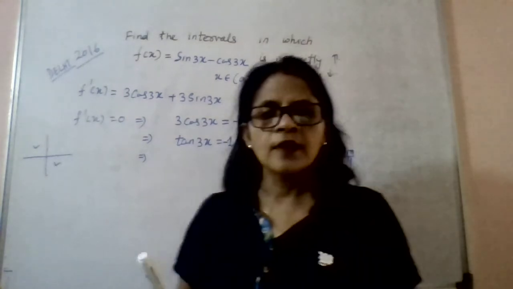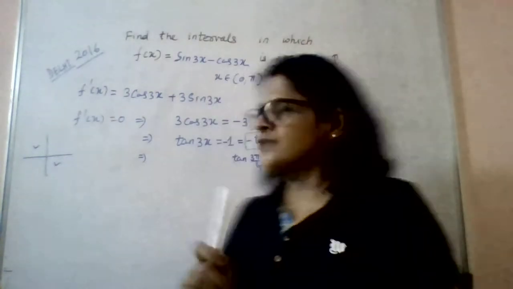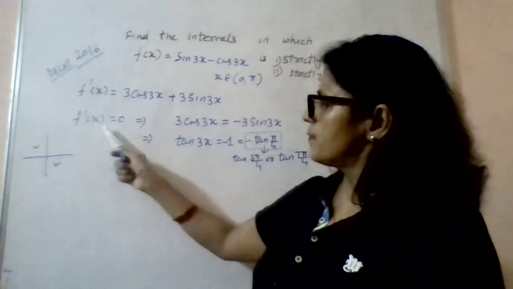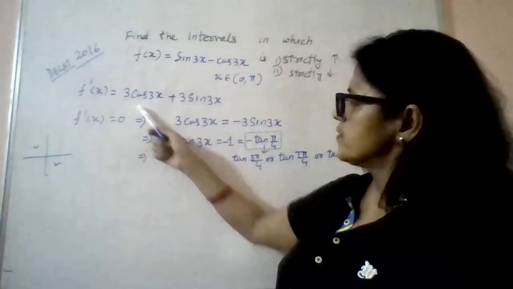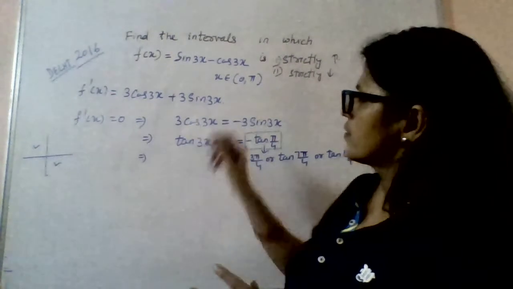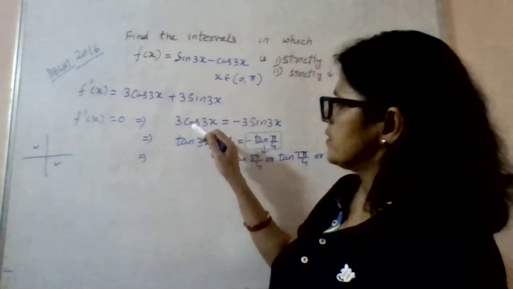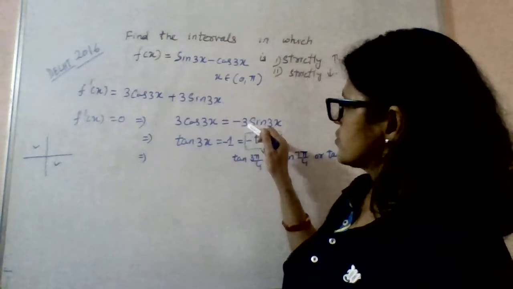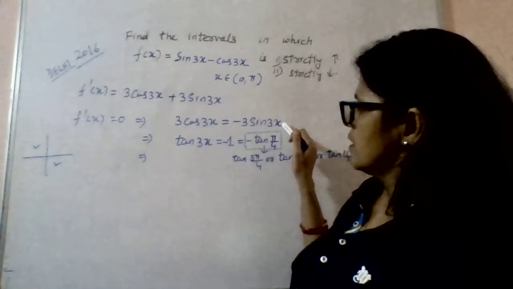Second step is find the critical points, meaning f dash x equals 0. So f dash x equal to 0 implies 3 cos 3x plus 3 sin 3x equals 0. It means 3 cos 3x equals minus of 3 sin 3x.